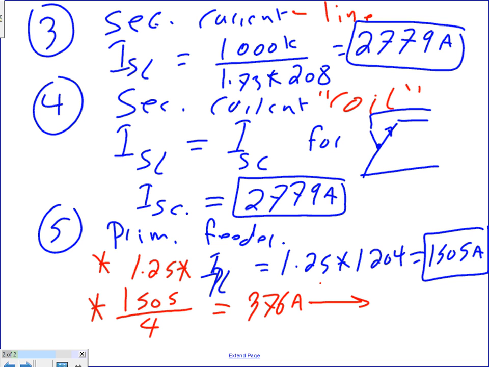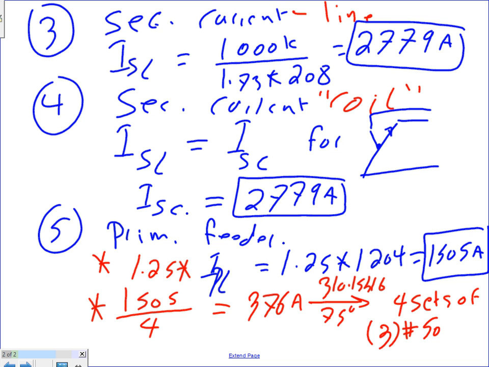If you go to 310.15 B16 under the 75-degree column, you're going to end up with 4 sets of, how many conductors? It's delta, so 4 sets of 3 conductors. Each one of them is 500 kcmil.